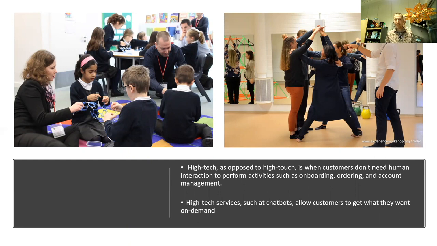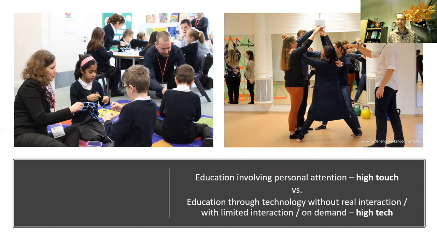High tech, as opposed to high touch, is when customers don't need human interaction to perform activities. This is what we experience with many automatized systems when we are boarding a flight or doing some online banking. Many activities are possible today without human interaction, and this is what is often offered in digital environments.